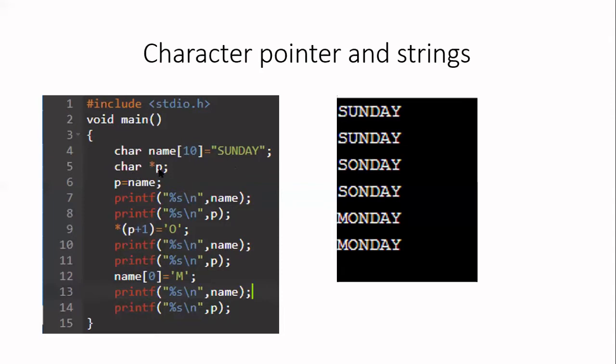Before accessing this character array with the pointer, you have to make the pointer point to this particular array. That means store the address of this array in the pointer variable. Suppose some address is allocated for Sunday; I have to get the starting address of that memory location and store it in the pointer variable.